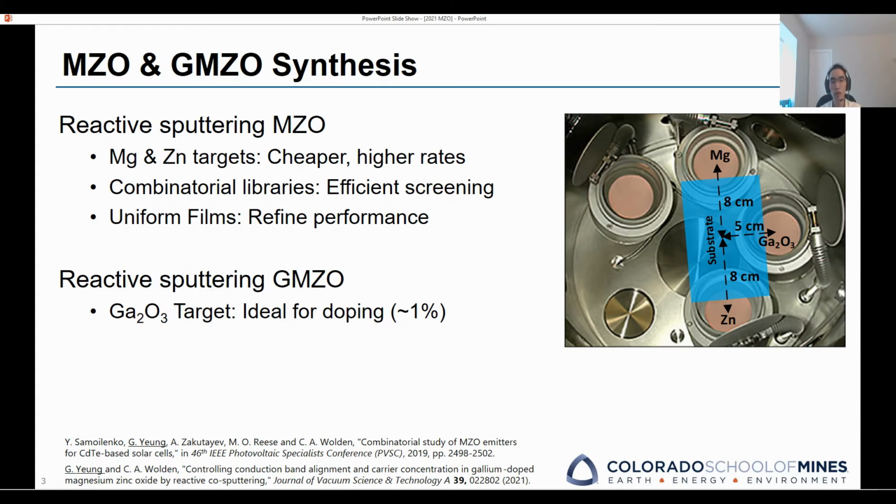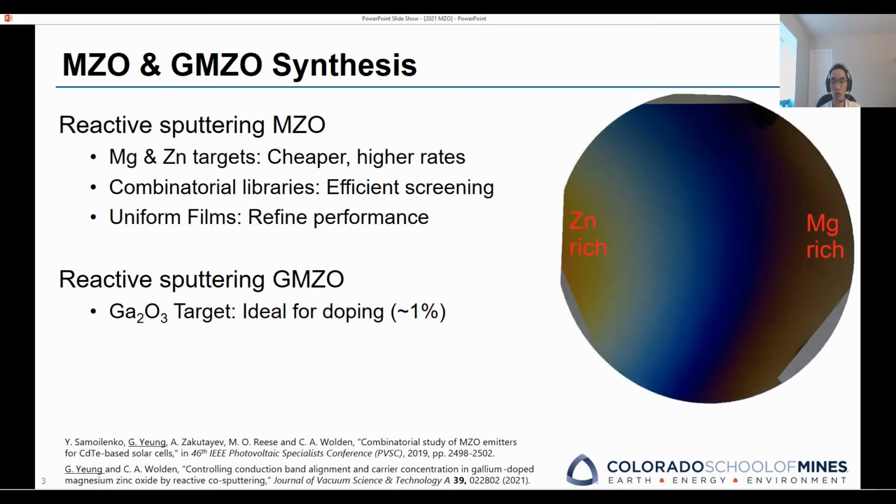We are able to make combinatorial libraries with zinc rich on one end and magnesium rich on the other end for screening MZO compositions. We will then make uniform MZO films to refine the performance in devices.